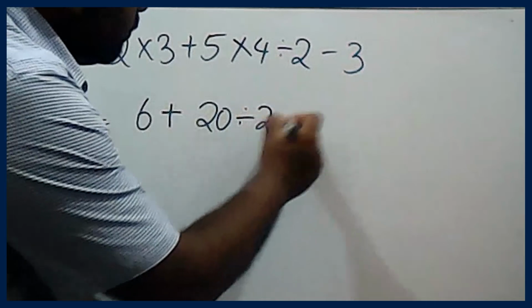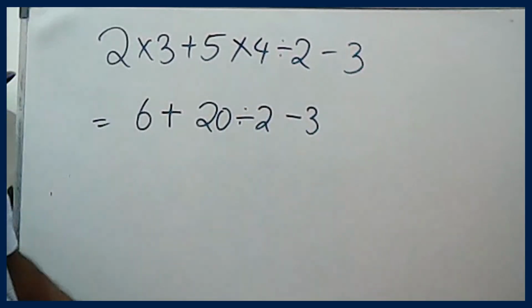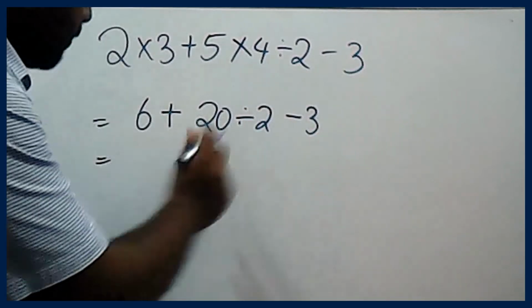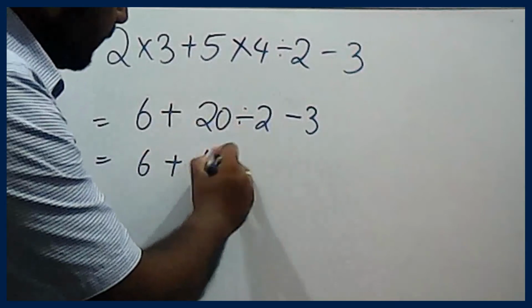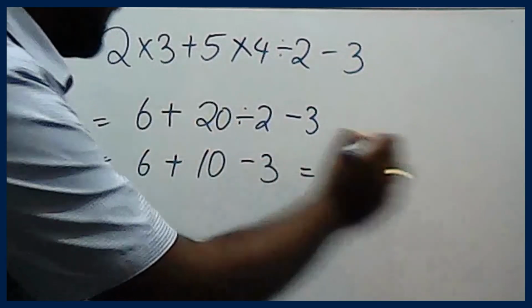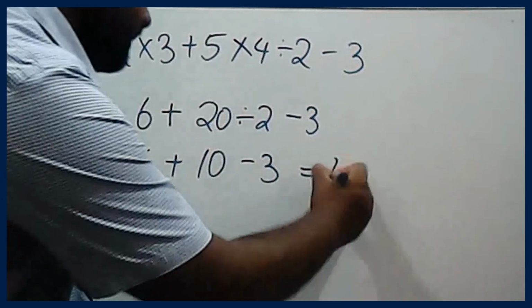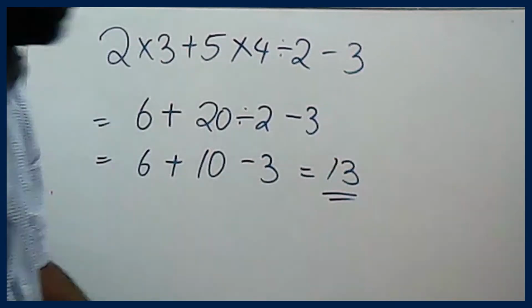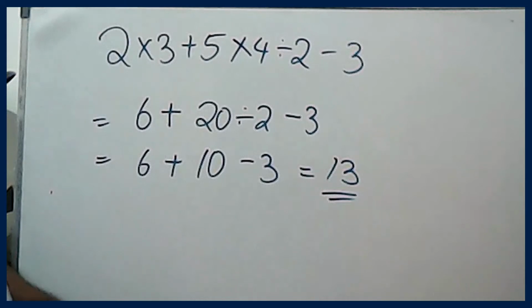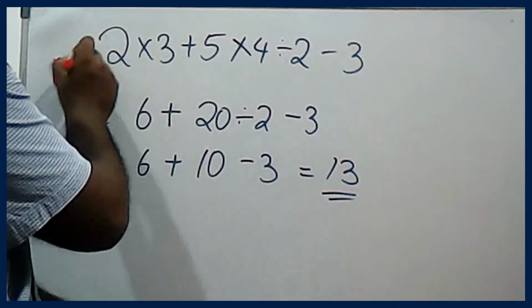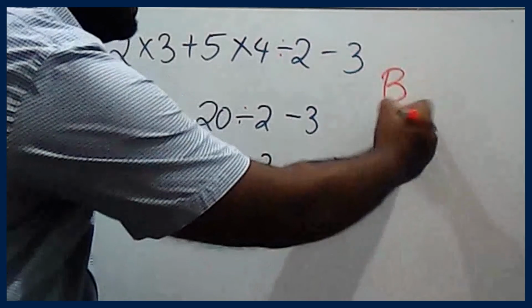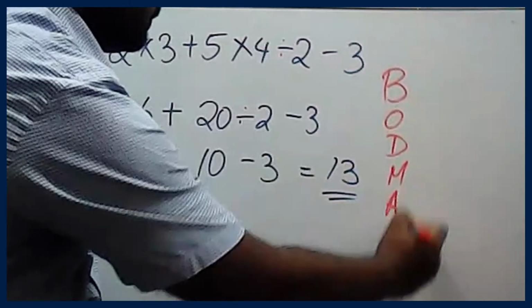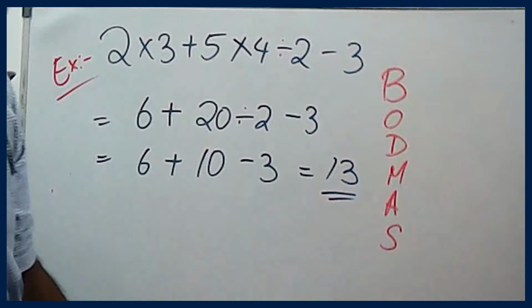Divide by 2 minus 3. Then we have to do this division. 6, 20 divided by 2, 10 minus 3. The answer is 13. This is an example of how you can apply the BODMAS concept.